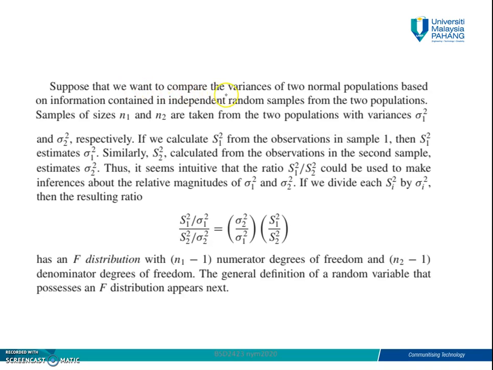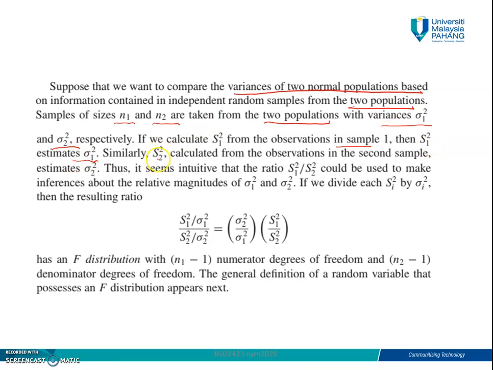Suppose that we want to compare the variances of two normal populations based on information contained in independent random samples from the two populations. So now you have two populations, with sample sizes n1 and n2, and variances sigma 1 square and sigma 2 square. If we calculate S1 square from the observations in sample 1, it will estimate sigma 1 square.